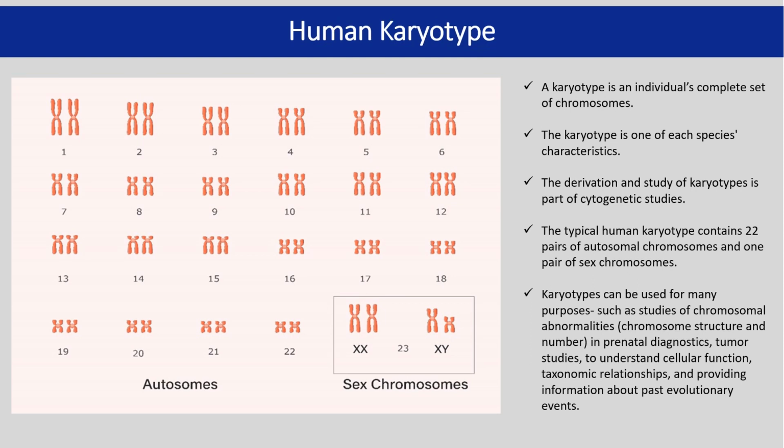The sex chromosomes in the case of a female are X and X, and in the case of a male they are X and Y. The karyotype is useful for studying chromosomal abnormalities. If there is any structural change in a chromosome or in the number of chromosomes, it is useful during prenatal diagnostics and also for tumor studies. It can define cellular function, and it also helps us in understanding evolutionary history.